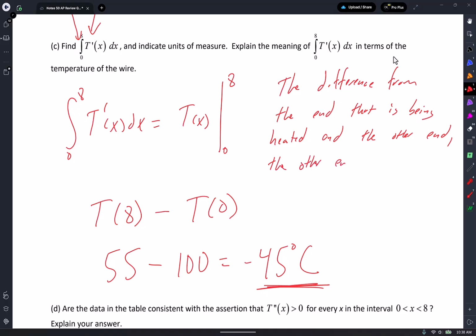And so the reader doesn't get confused, I'm going to put parentheses and say the end that's not being heated is 45 degrees Celsius cooler.